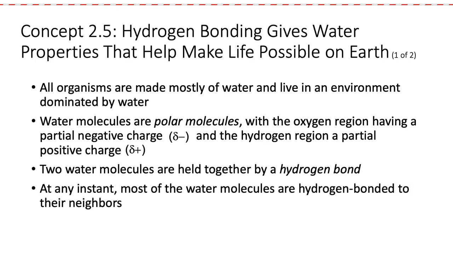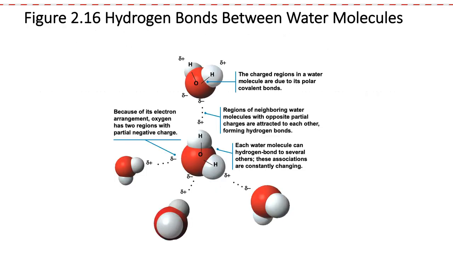Remember that water molecules are polar, and that means that oxygen has a partial negative and hydrogen has a partial positive charge. And 2 water molecules are held together by hydrogen bonds. This is a bit of review, but that's okay. It's so important that we're just going to cover it again. At any moment, water molecules are hydrogen bonded to their neighbors.